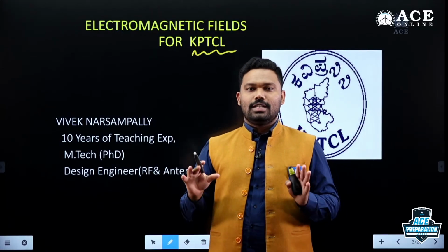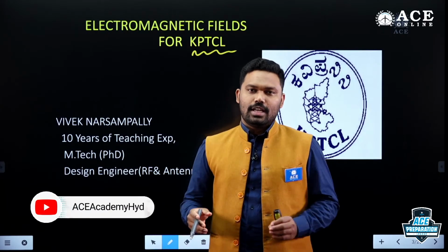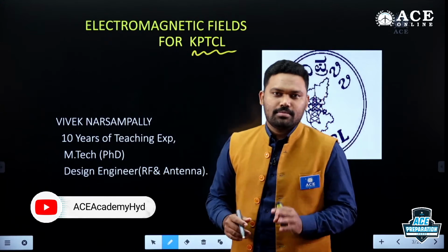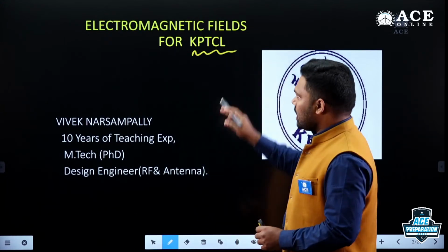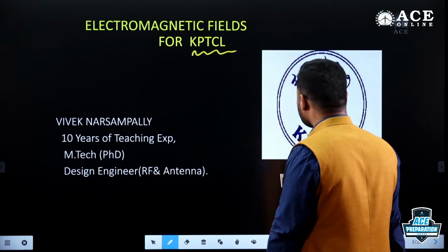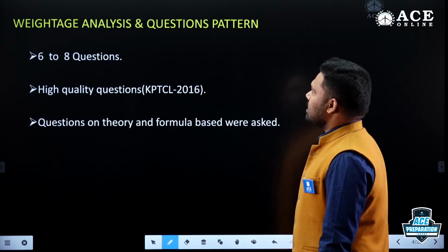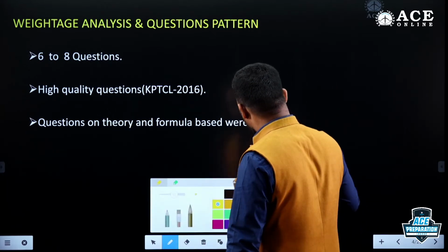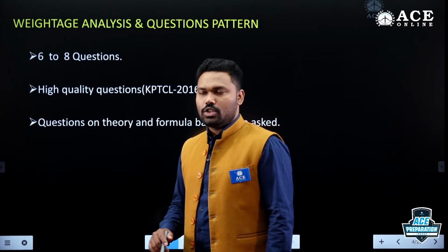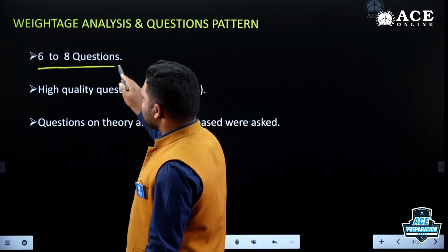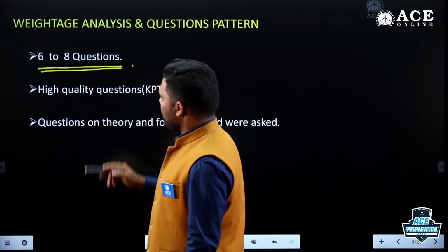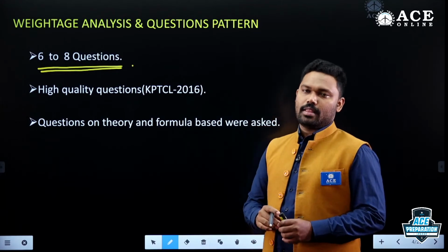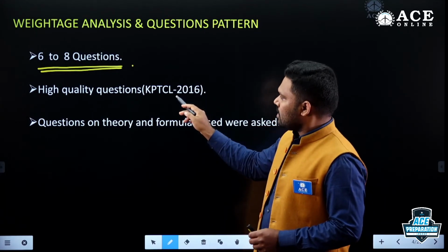Now, before going into the detailed discussion of the syllabus, let us see what kind of questions were noticed in the previous papers and what the exam question patterns are. This is a weightage analysis and question pattern. From electromagnetic theory, if you observe the previous papers, 6 to 8 questions are asked, and relatively high quality questions, noticed in the year 2016.